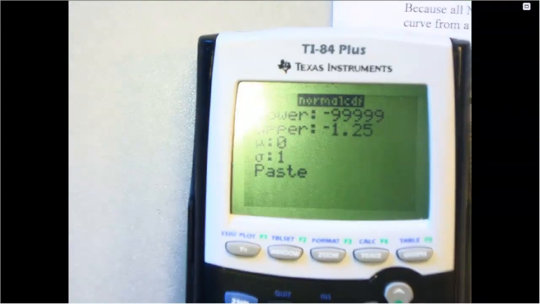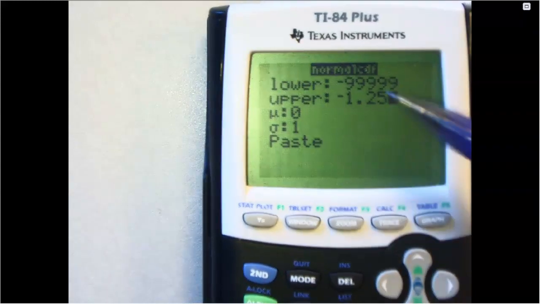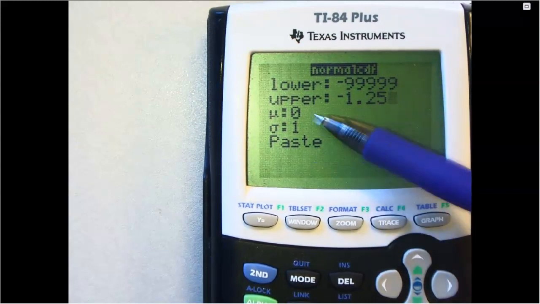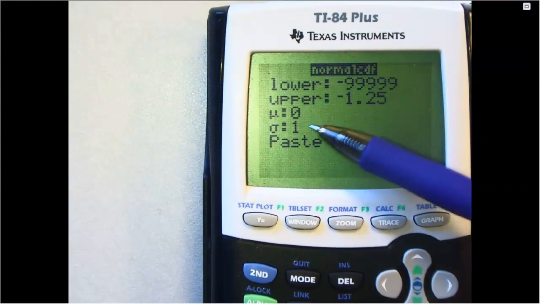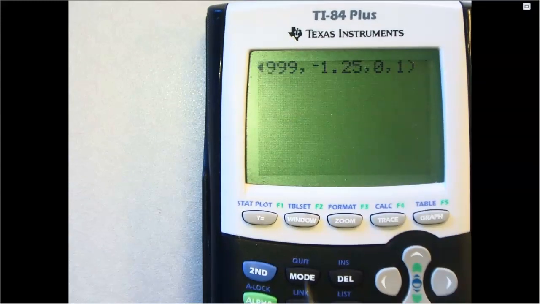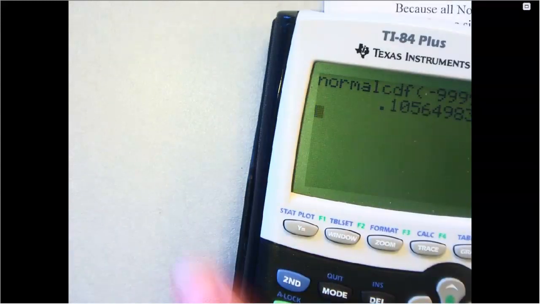So if you have this one, you put the lower bound here, the negative 9999, upper bound here, and then these just default to 0 and 1, so you just leave them. And if you hit paste, that's exactly what we just typed in, except it's got the 0 and 1. But don't worry about that right now. And you'll get the same thing. Is that okay for that type?